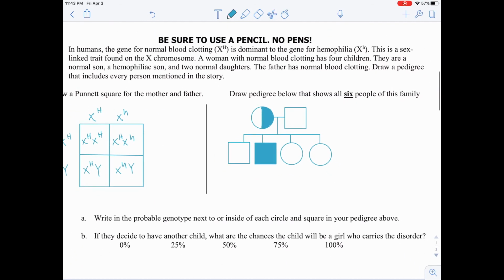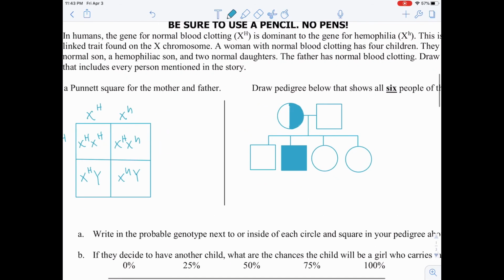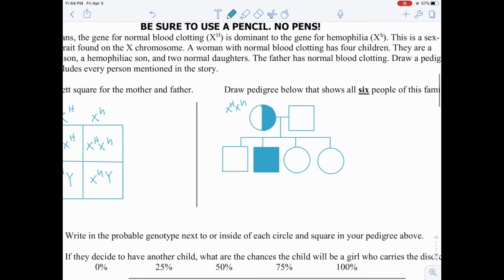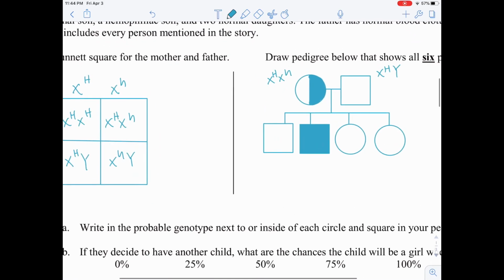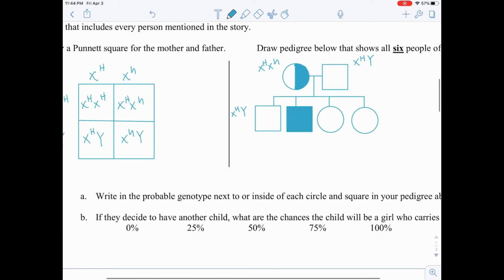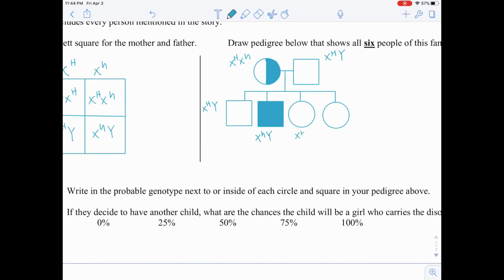So in the pedigree, the mom will be a carrier, so her genotype will be X big H, X small h, and dad will be X big H, Y. And the son is healthy, so he'll be X big H, Y. And the other son has hemophilia, so he will be X small h, Y. And the daughters could either be healthy or carriers.